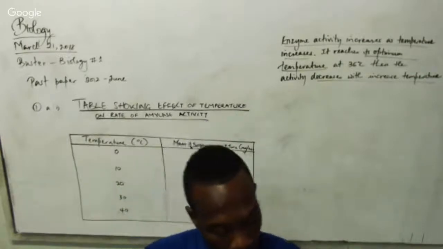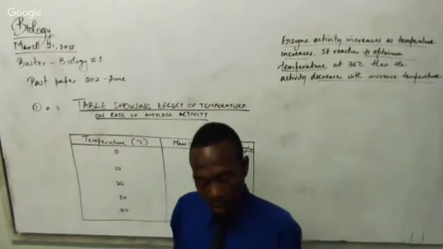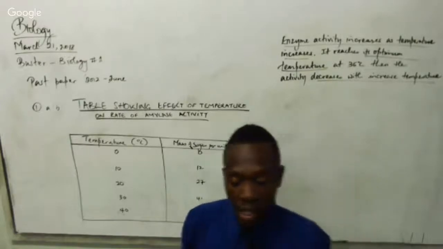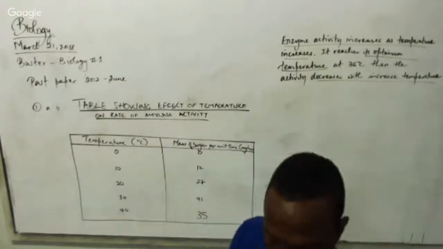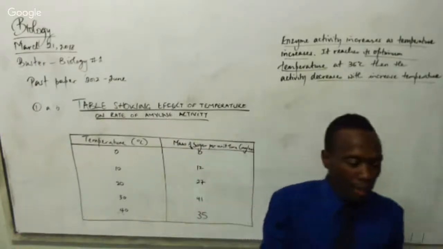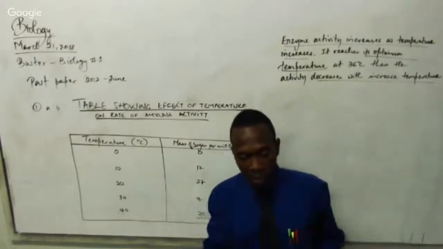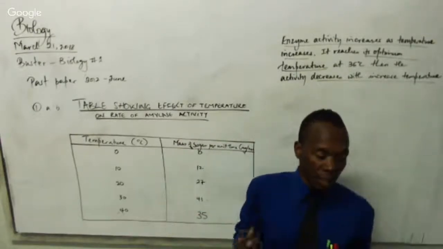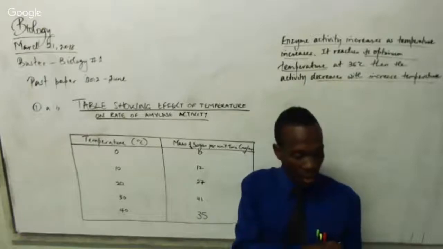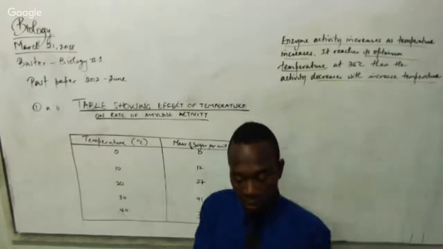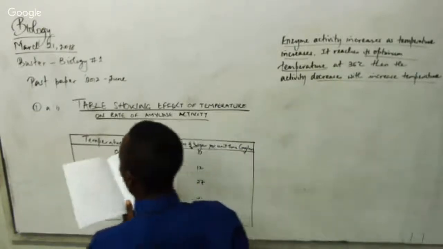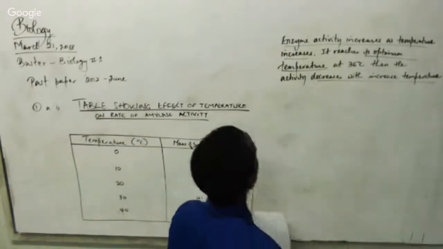Explain what happens to the enzyme at temperature above 37 degrees Celsius. Look at the graph. After it passed 35, the enzyme activity starts to decrease. So beyond 37 degrees Celsius, yeah. So they're asking you what happened to the enzyme.